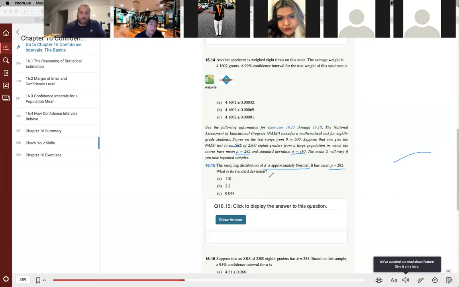Sigma over the square root of n. Excellent. Sigma over the square root of n. In this case, n is 2,500. Sigma is 110. So 110 over the square root of 2,500, which is 50, gives me 2.2. Make sense? I hope.